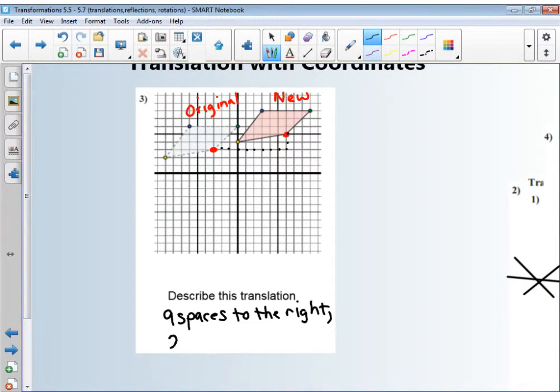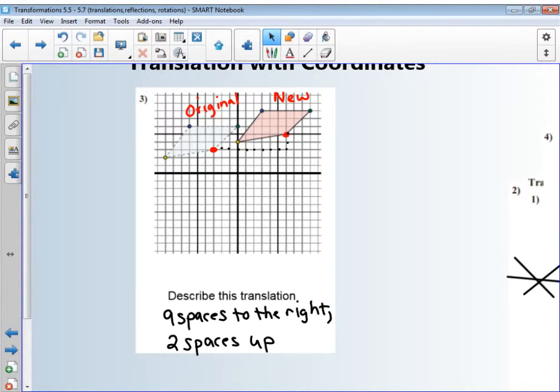So 2 spaces up. Okay, that's my translation. So when they ask you to describe a translation, that's what they want you to do. They want you to just pick one point. And if I picked a different one, I would still get the exact same translation.